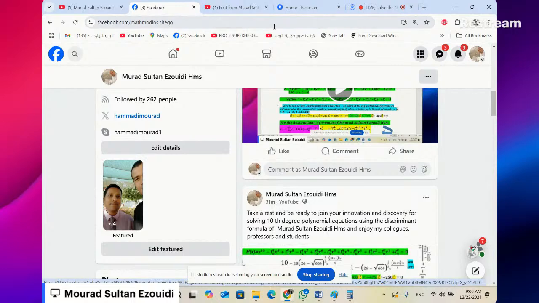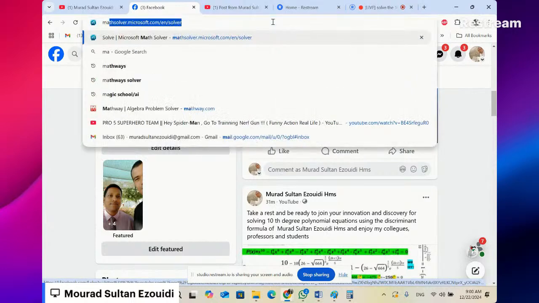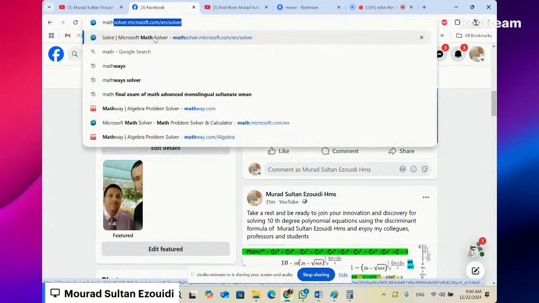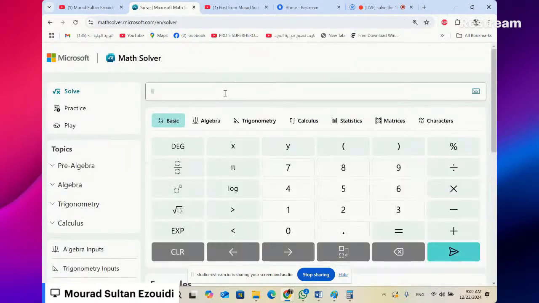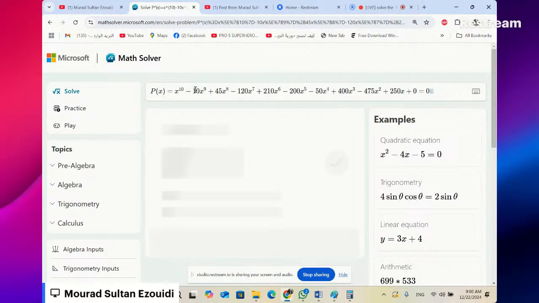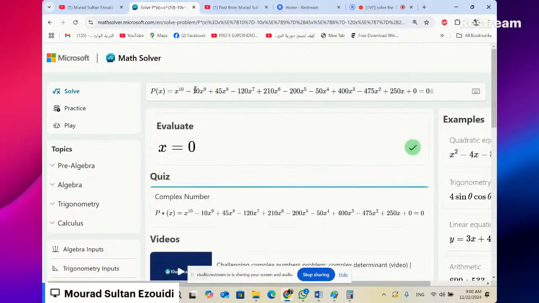Here, for example, I will use Mathways in Windows Microsoft. It's here: x equals 0 only. You see, it evaluates x equals 0 and cannot, let's say, find the value.